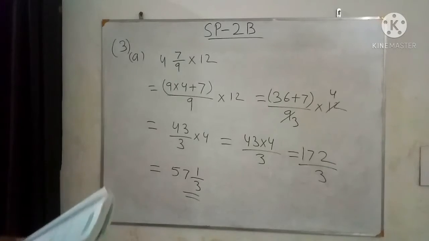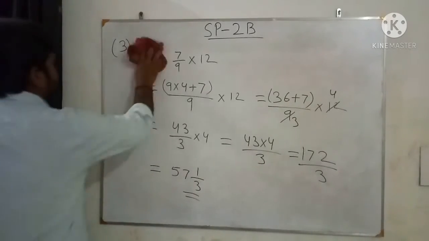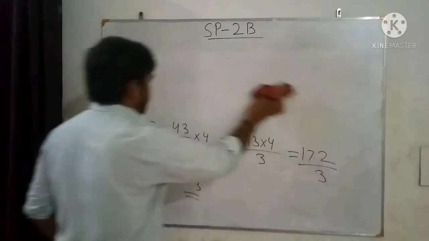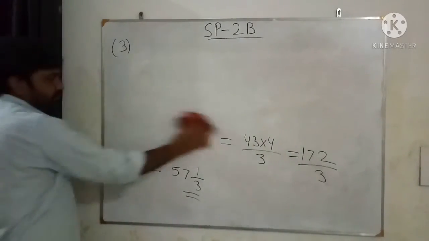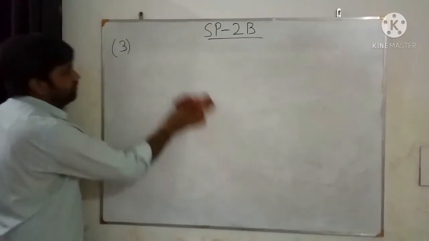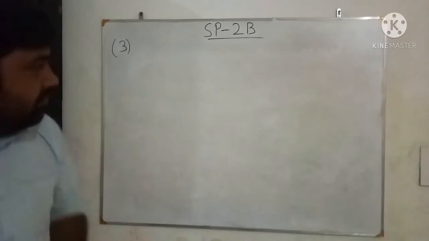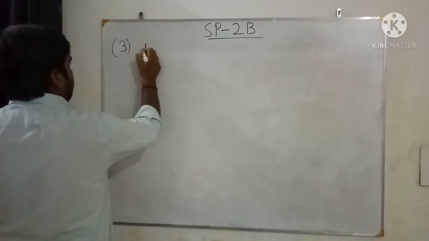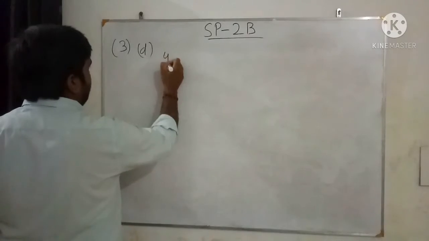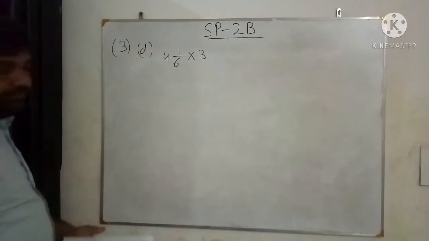Third D. 4 1 by 6 multiply 3. See third D: 4 1 by 6 multiply 3.